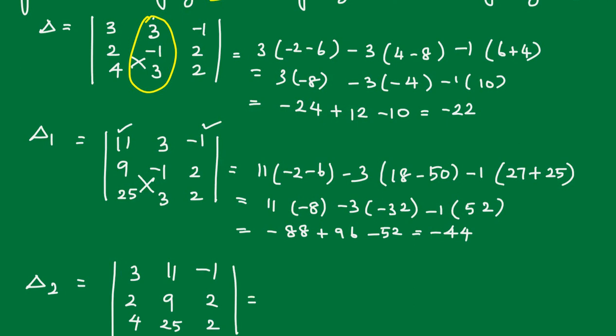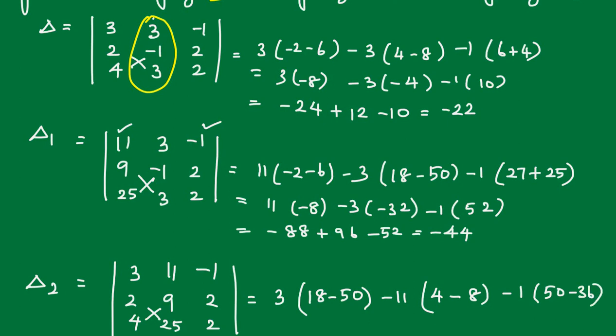Now expanding the determinant, this is equal to 3 into 9 into 2, 18 minus 25 into 2, 50, minus 11 into the minor of 11, which gives us 2 into 2 is 4 minus 4 into 2 is 8, minus 1 into 2 into 25 is 50 minus 9 into 4 is 36.